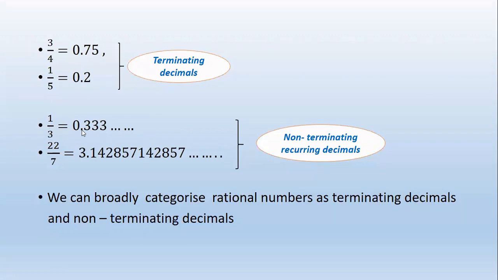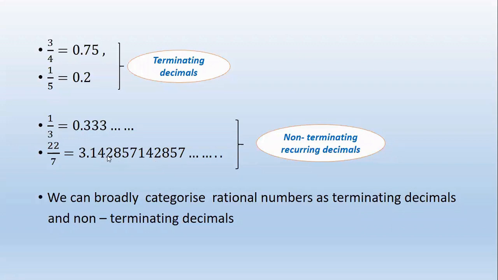Also, it is a recurring decimal, since after the decimal, digits are repeated following a certain pattern. Here also, for 22 by 7, after the decimal, digits are non-terminating and recurring, because here we observe that 142857, 142857.